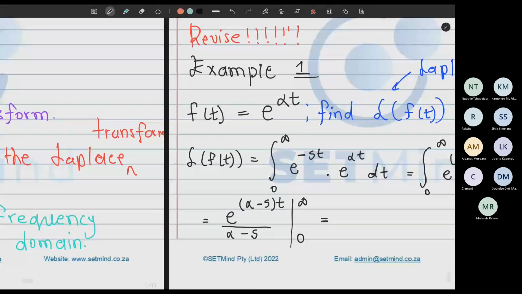Okay, from there you're going to insert your limits of integration on t. So instead of t, you're going to write infinity.